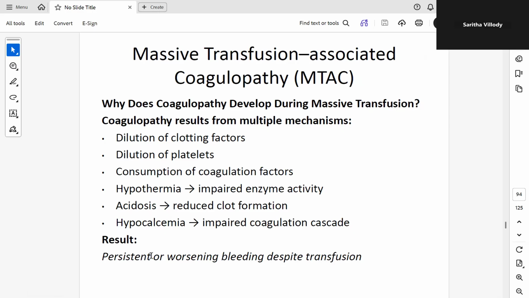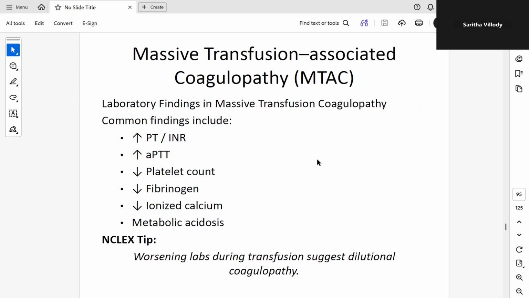So as a result of massive transfusion, the clotting factors, platelets, calcium levels, etc. will reduce, which affects the coagulation. So even after giving multiple transfusions, the patient is still bleeding, which means their coagulation pathway is affected as a result of dilution or large volume.